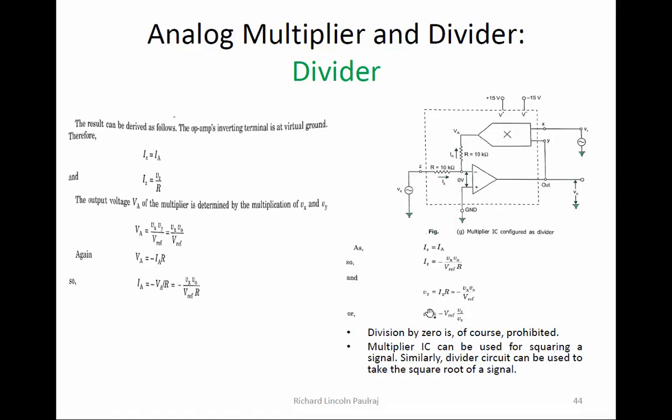I can again rearrange them. Okay, this can be rearranged. So I can bring V0 here, I can get Vz here, and that can be cross multiplied. So you can probably make note of this, or you can look at this formula here. Output is equal to minus V reference, Vz by Vx.